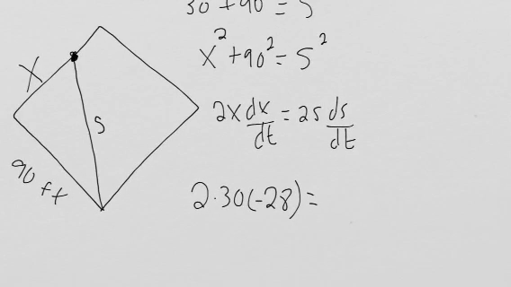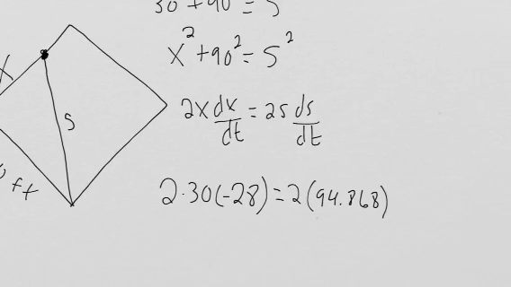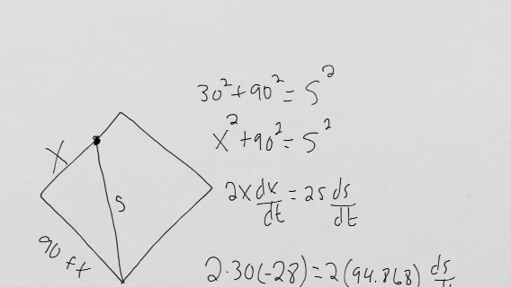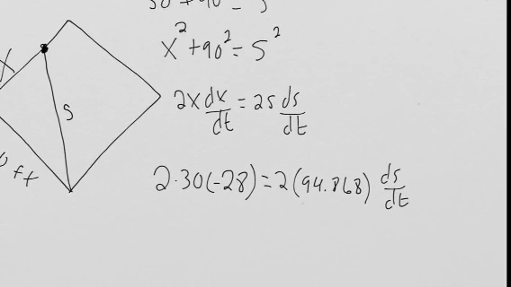Okay, that's fine. So we have 2 times 94.868 multiplied by ds/dt. Really quick, we got that s by just using the Pythagorean theorem up here, solving for s when x was 30, because it told us he was 30 feet from third base.